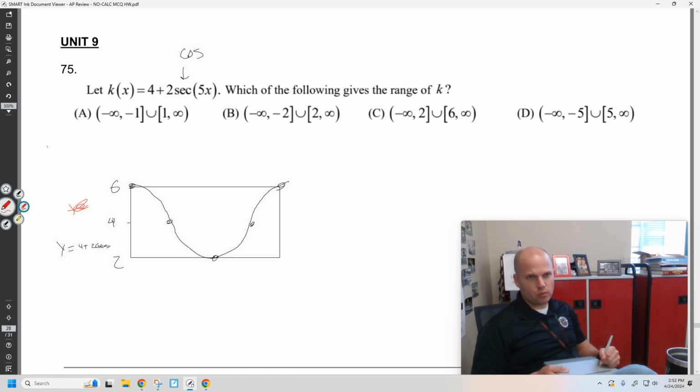Now, let's do y equals k. Thinking about this as 1, if we take the reciprocal of 1, we get 1. Thinking about this as being our 0, if I take the reciprocal of 0, I get undefined.